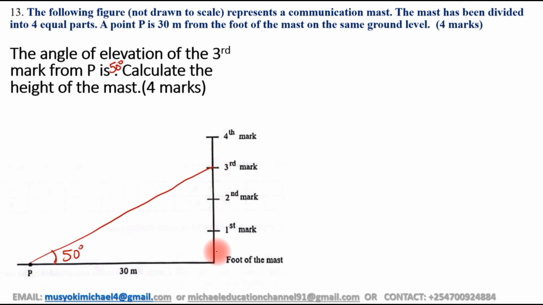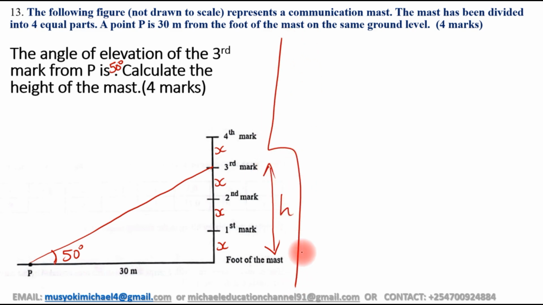Since the mast is divided into 4 parts, let this distance be x. So this will also be x, this will be x, and this will be x. Now, to get the height of the mast, let's consider this height to be h.